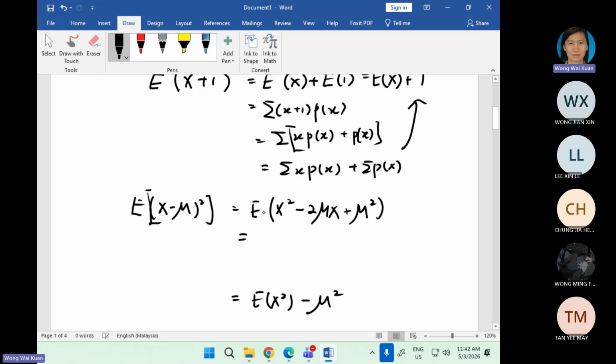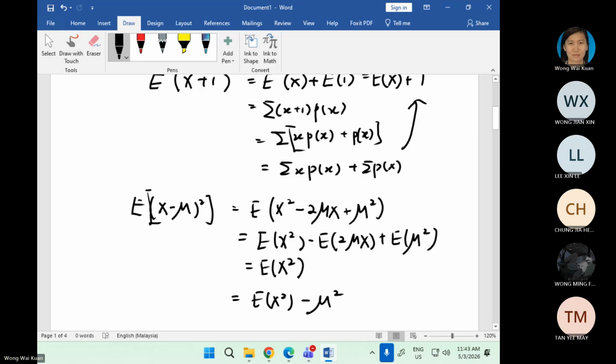Then just now we know already, we can go in and get E of x squared minus E of 2 mu x plus E of mu squared. E of x squared we can do nothing. But we already said when you have a number, you can take it out. So 2 mu is a number, so I have minus 2 mu E of x.